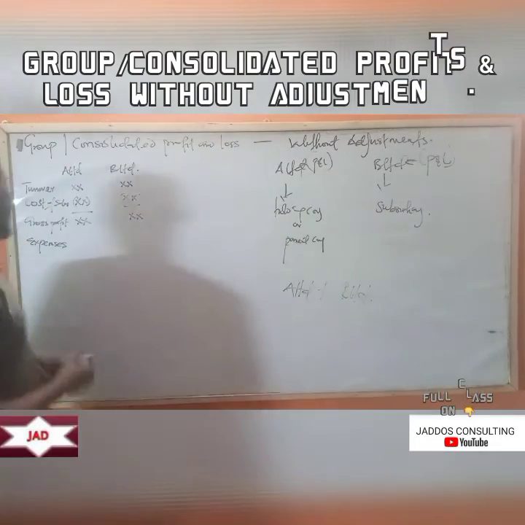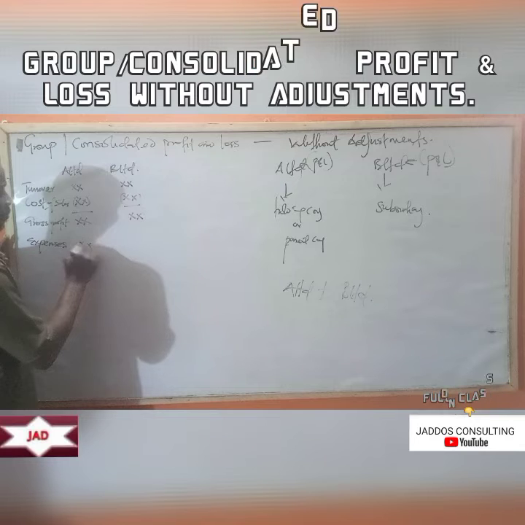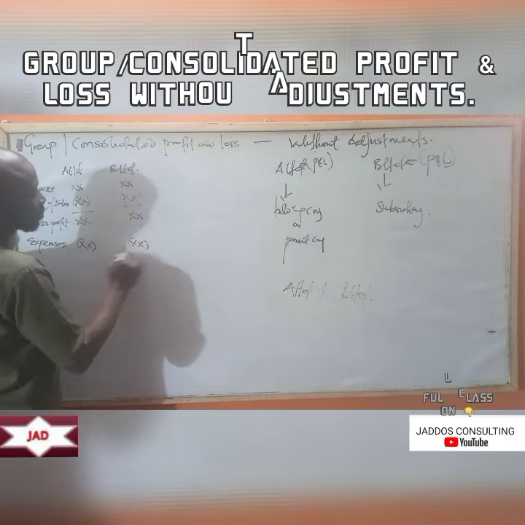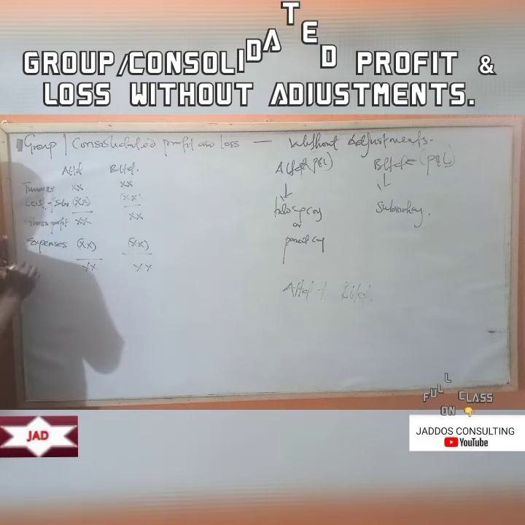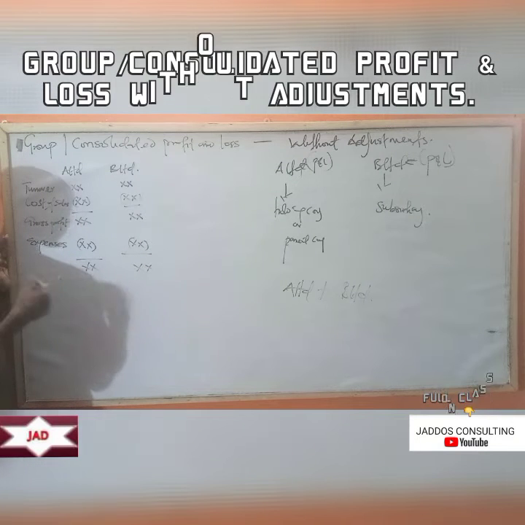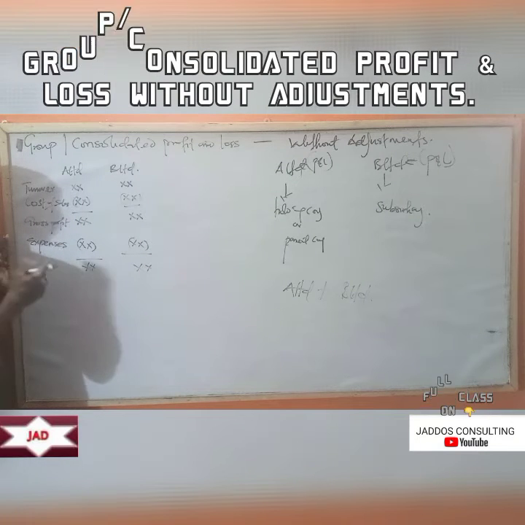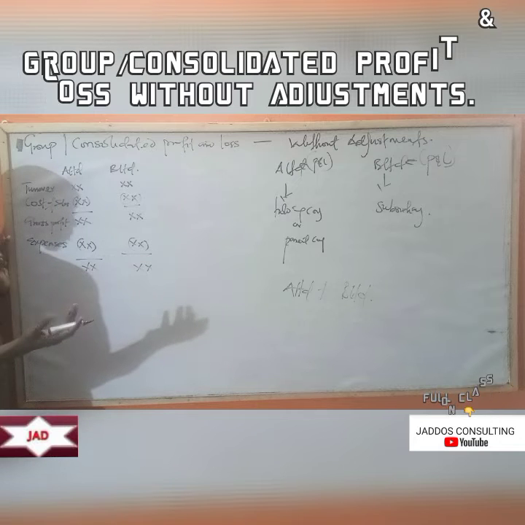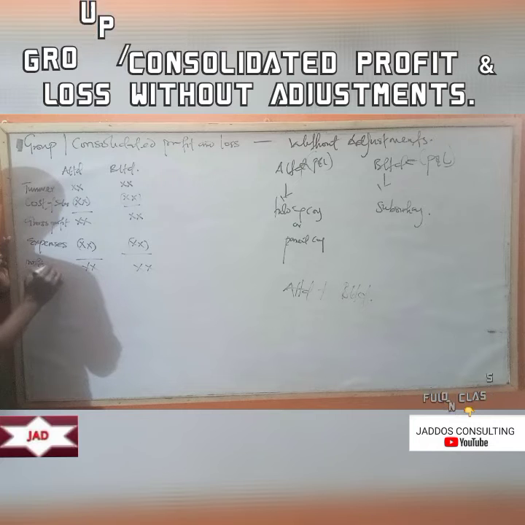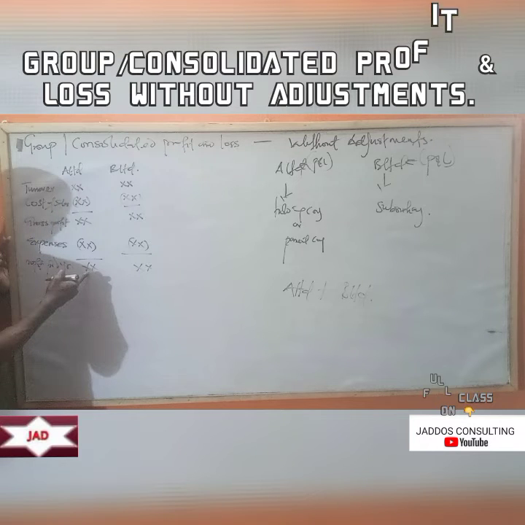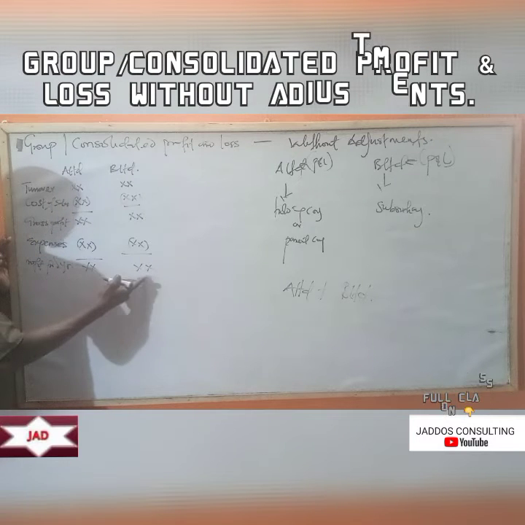So if you have the expenses, you take this out. So this is the profit. Some call it net profit, some call it operating profit, or profit for the year.